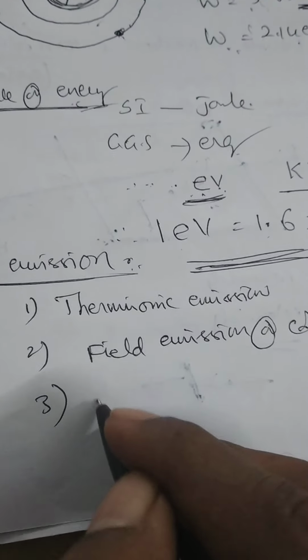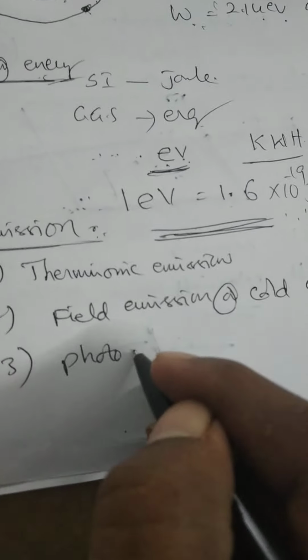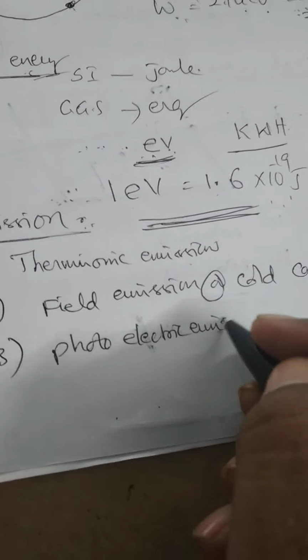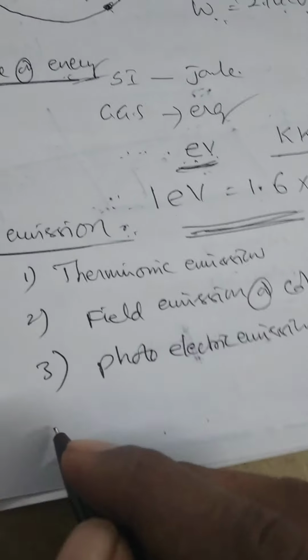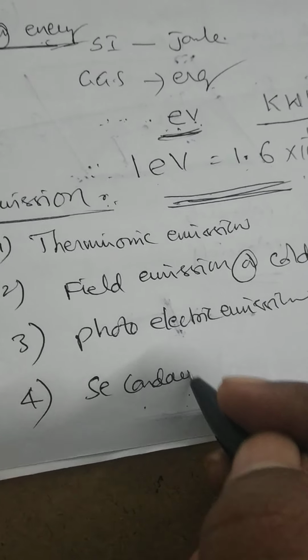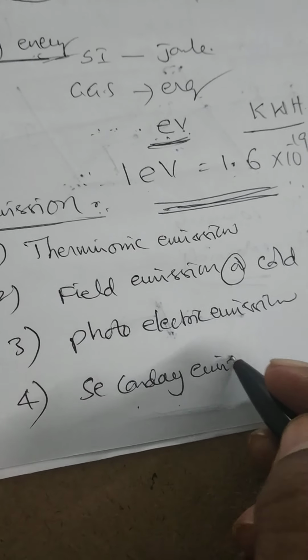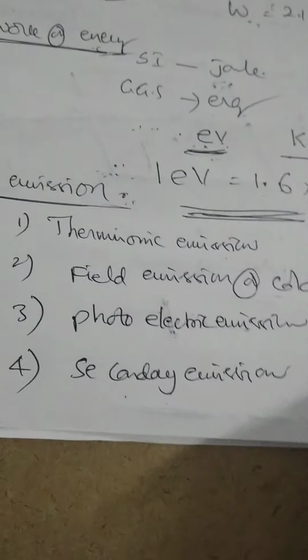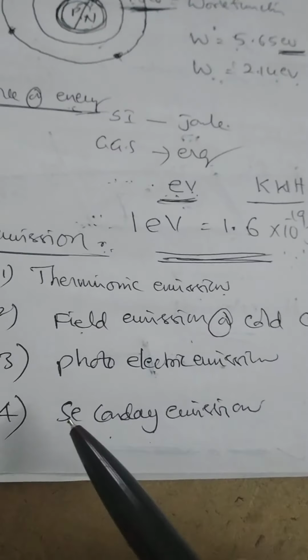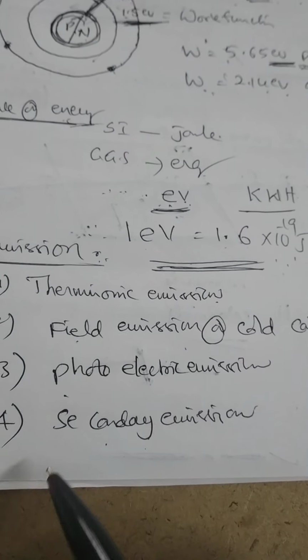Third one is photoelectric emission, and fourth one is secondary emission. So these are the methods used to produce electron emission from a metal: thermionic emission, field emission or cold cathode emission, photoelectric emission, and secondary emission.